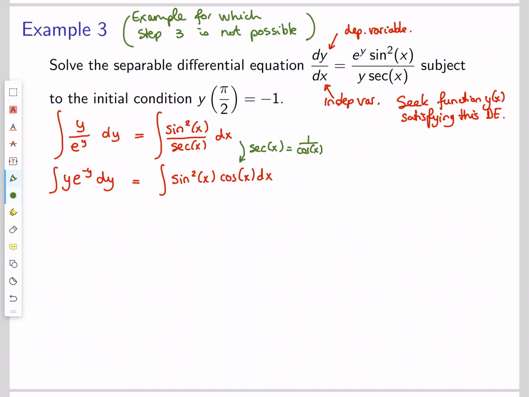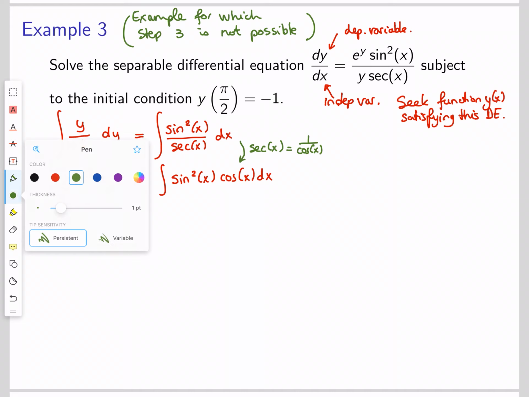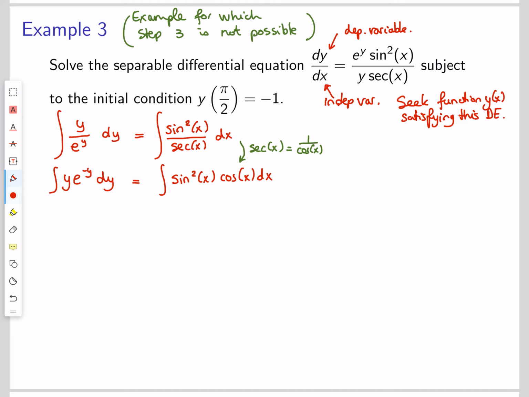So now we've got two integrals to evaluate. I'll call this first one 1, and the one on the right-hand side 2, and we'll do them separately. Let's focus on the first one.